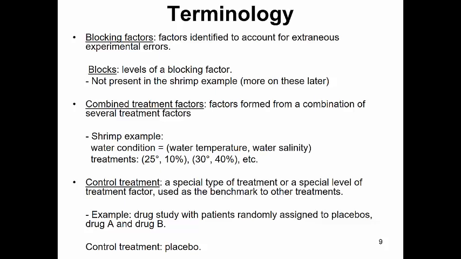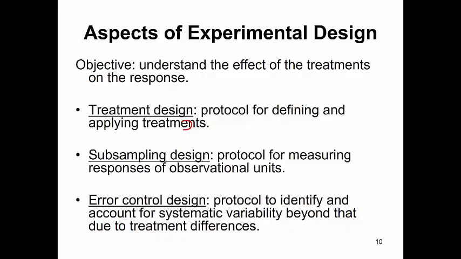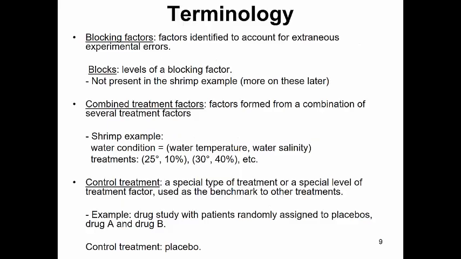So again, here we had 3 levels of temperature and we had 4 levels of salinity. So if we cross both of those, we would have 12 treatment combinations. Okay, so that's how that works with the treatment combinations.